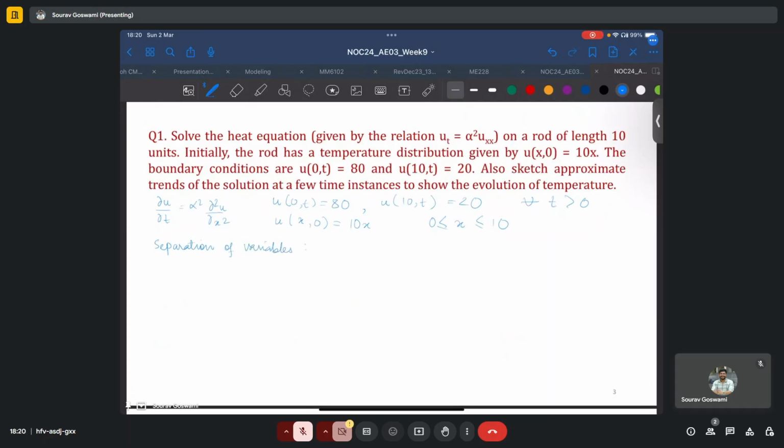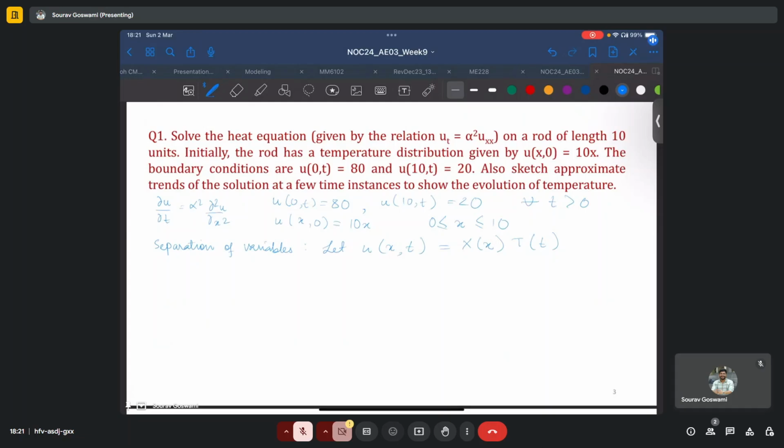And here what we are doing is, we have a function u in this case, which is a function of both space and time, so x and t, and we are assuming that this function u is actually a product of two functions, one which is entirely a function of space or location, that is x variable, and the other function which is entirely a function of the t variable. And with this assumption, let us see what happens.